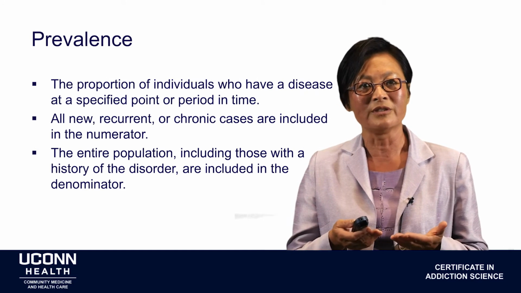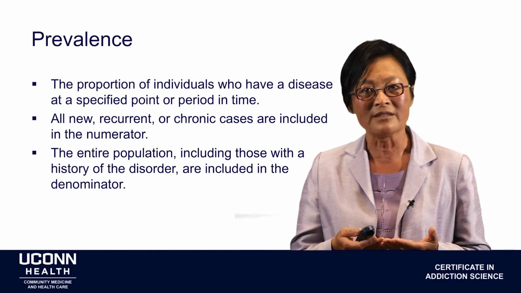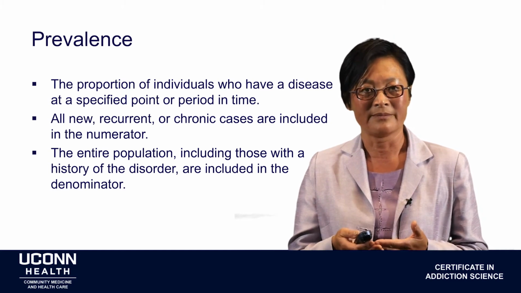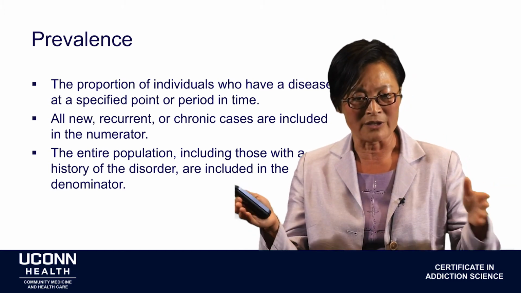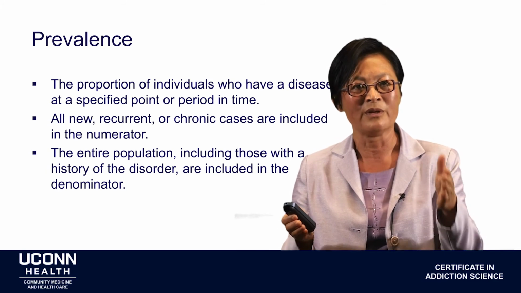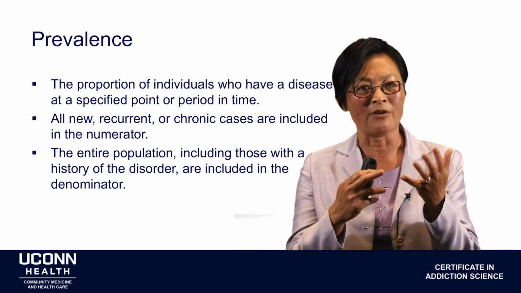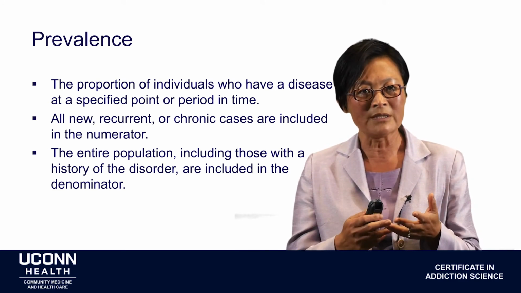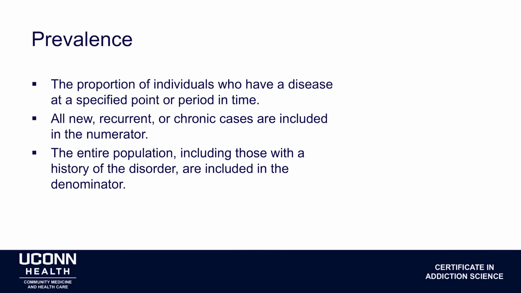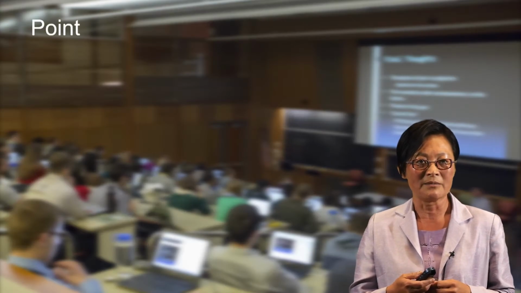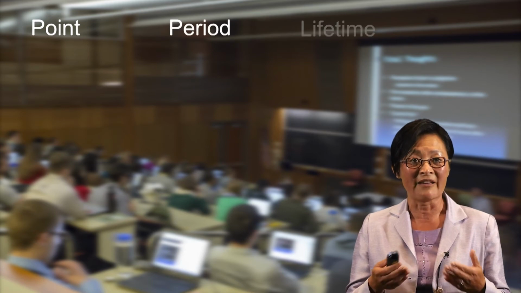So what is prevalence? Prevalence is the proportion of individuals who have the disease at a specific point in time. It's like you cut the history right now: how many people have that particular disease? That means new disease, recurrent disease, and chronic disease are all included in the cases. In epidemiology, we talk about point estimates, period estimates, and lifetime.